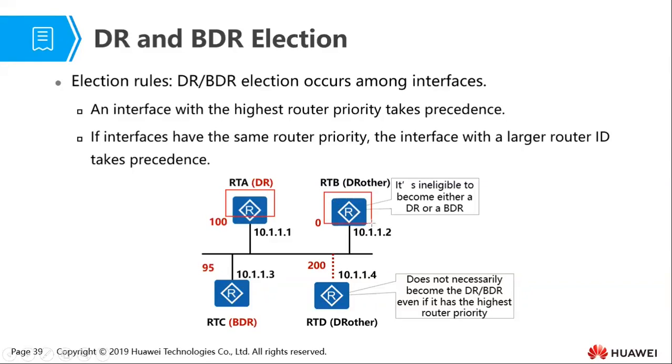They're done per interface, interface per interface, and not per router. So the interface whose router priority is largest will become the DR.